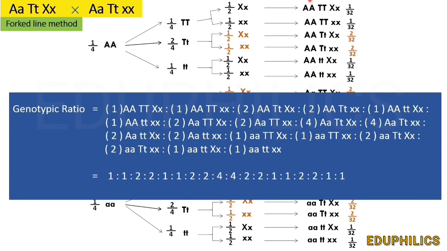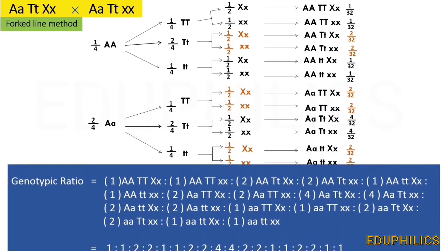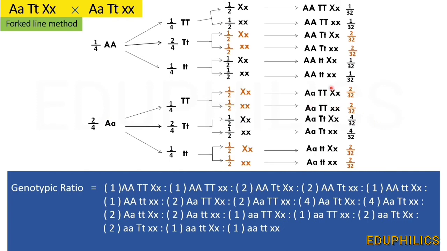This first genotype occurs at the probability of 1/32, which is capital A, capital T, and capital X, small x. The next one is this, and so on. The next genotype, capital A, small a, capital T, capital X, occurs at a probability of 2/32. That is this one.